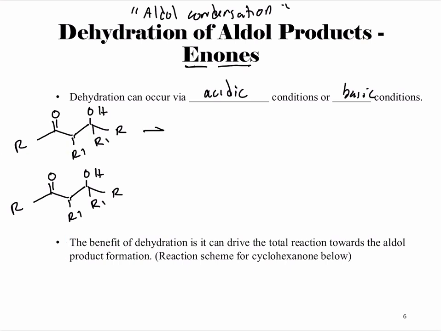If we're doing it in basic conditions, what's going to happen is the enolate ion that we generate is going to be negatively charged. The specific mechanism for how this happens was gone over in last week's lectures.